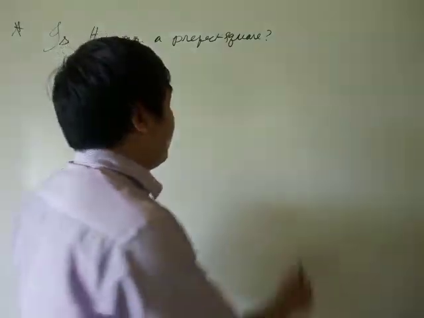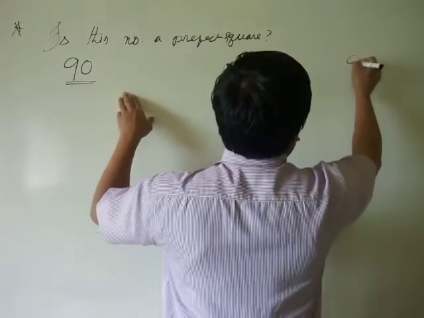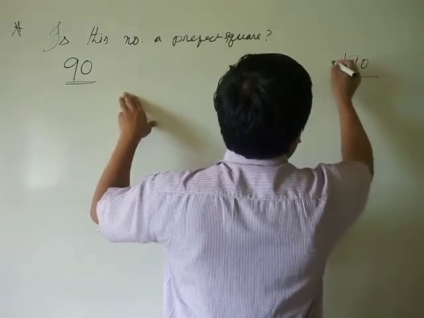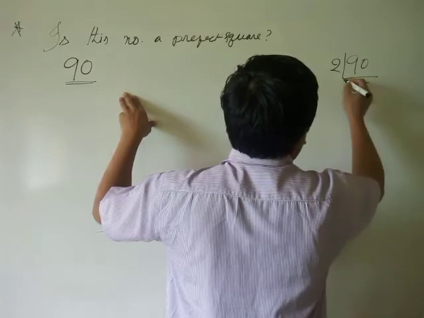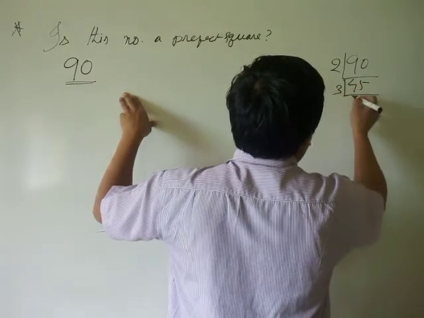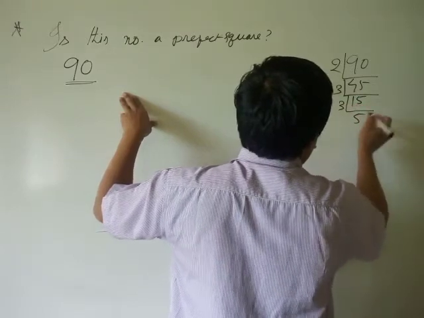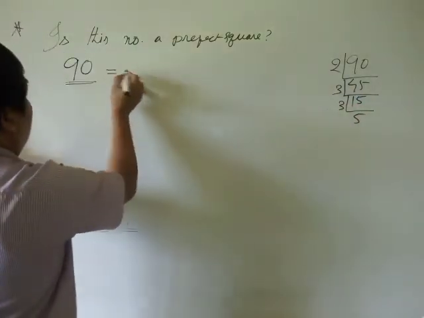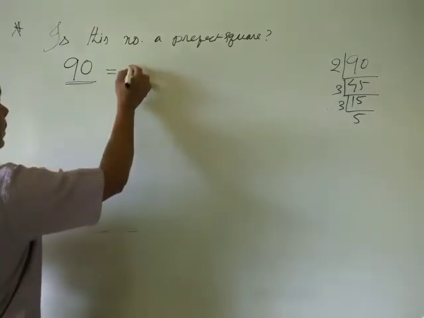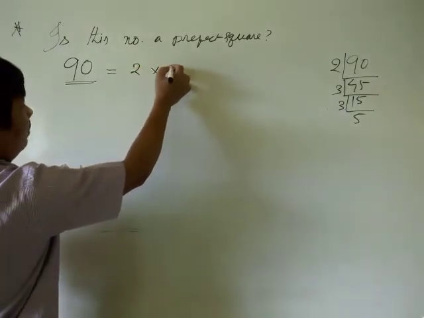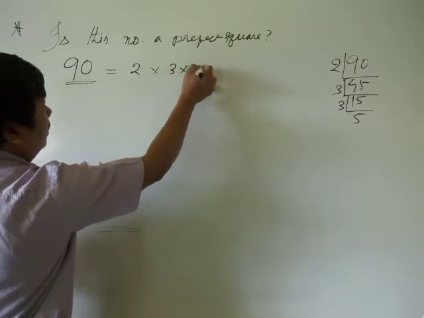So let us see. For example, 90: 2, 45, 3, 15, 3, 5. So we can write 90 as the product of its primes, 2 into 3 into 3 into 5.